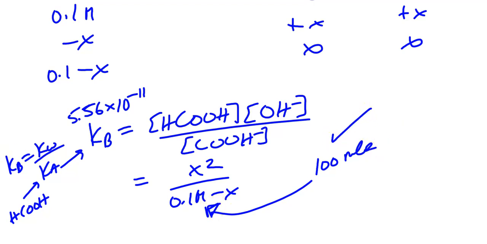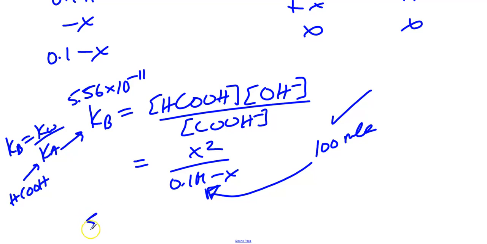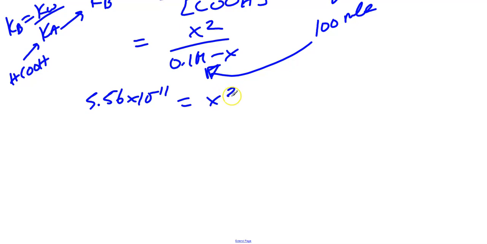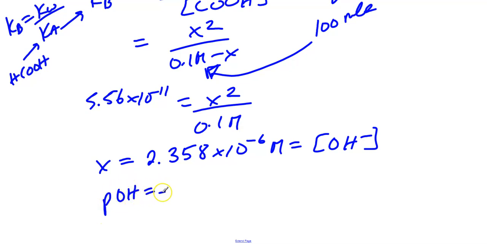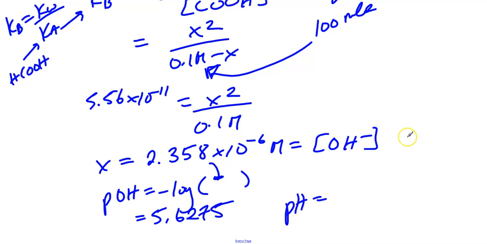Okay. So that means we're left with 5.56 times 10 to the negative 11 is equal to x squared over 0.1. Okay, so our x works out to be 2.358 times 10 to the negative 6, which is our hydroxide, which means we can find our pOH by doing negative log of this, which is 5.6275, and then the pH you do 14 minus that.